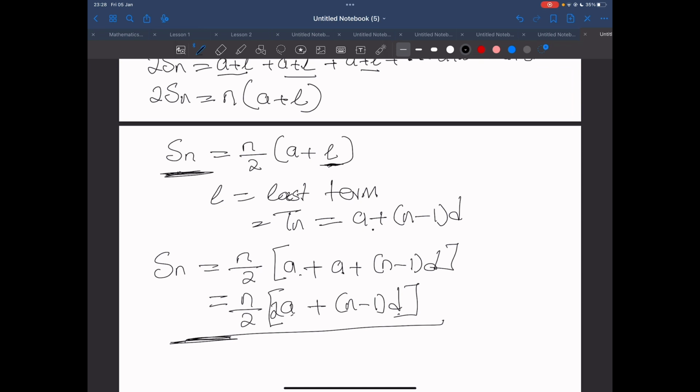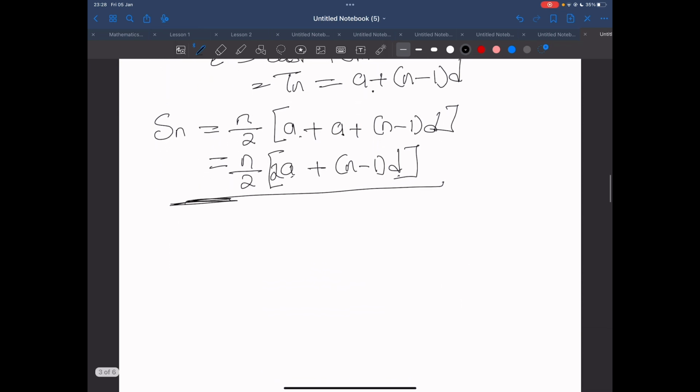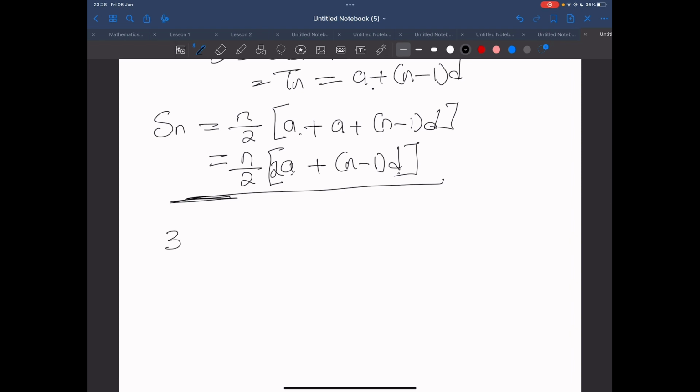Right, we are going to take some examples where we calculate the sum of n terms of an arithmetic series. Let's take a simple example. For example, we want to add 3 plus 7 plus 11 plus up to, let's say, 20 terms.